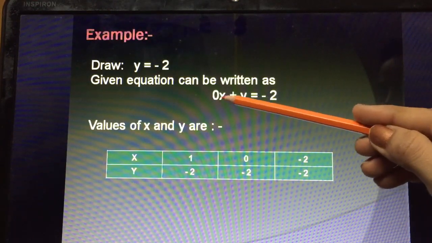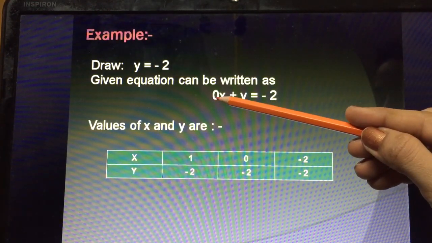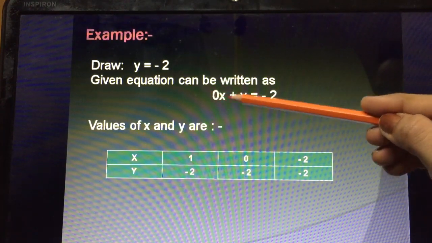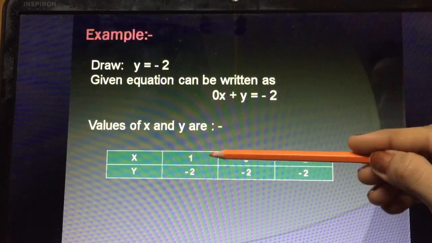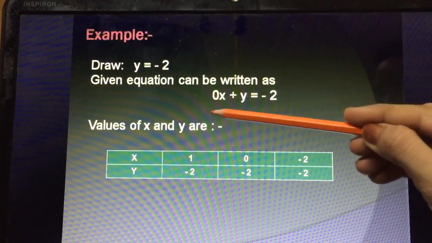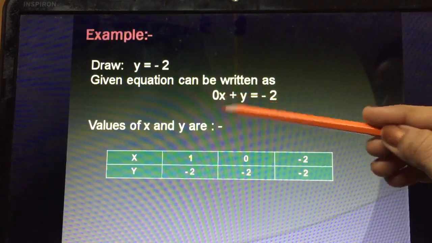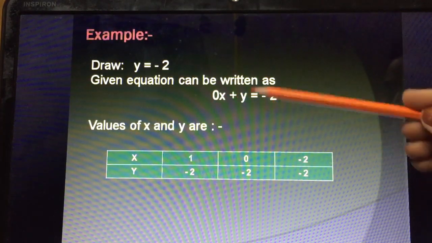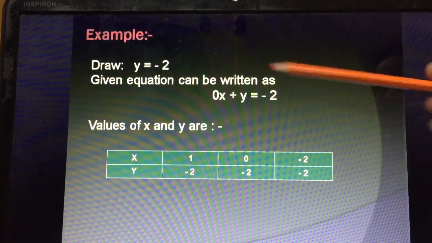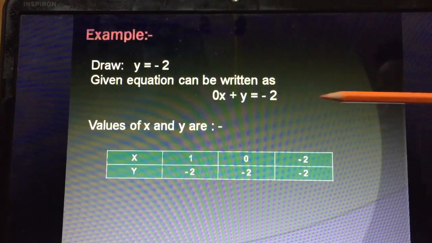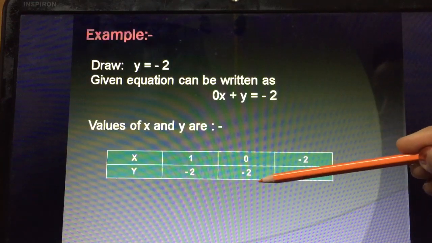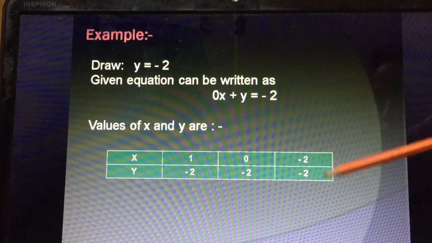Obviously, any number multiplied by 0, means your coefficient is 0, so whatever value of x you take here, this term will be 0 only. So if we take x equal to 1, then your y is -2, because this whole will be 0. When we take x equal to 0, then also your y is -2, and if we take x equal to -2, then also your y is -2, because the coefficient of x is 0. So we have got 3 ordered pairs: (1, -2), (0, -2), and (-2, -2).